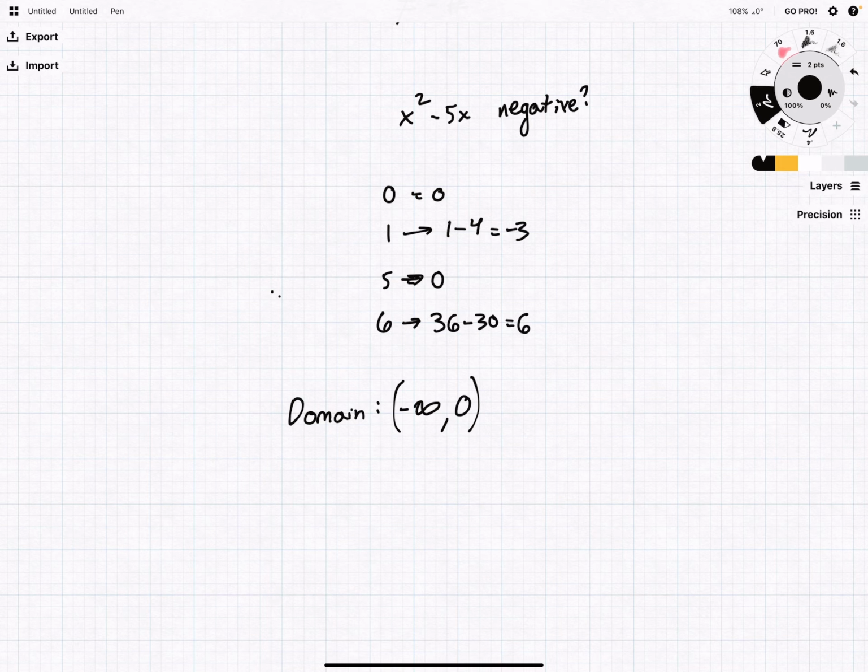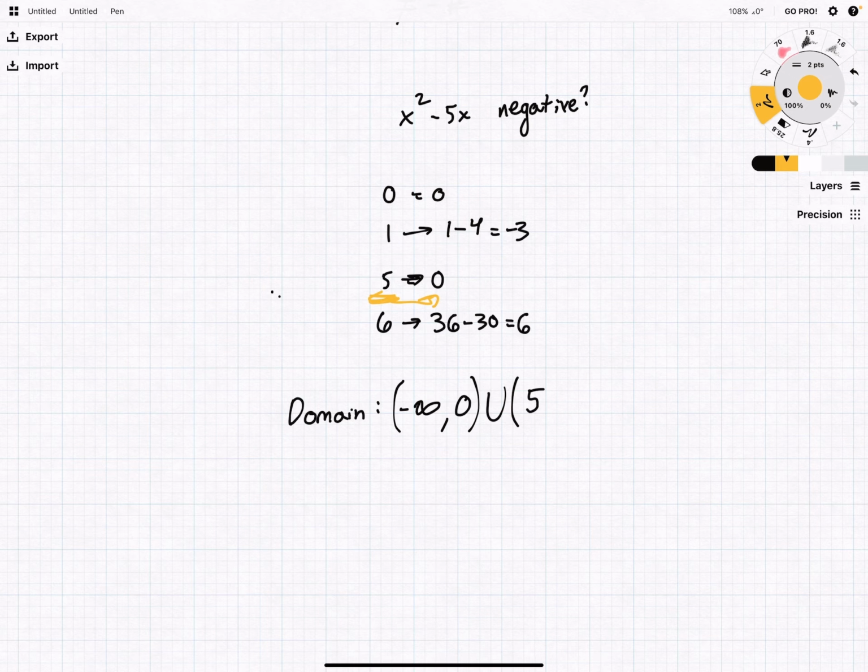And then union, meaning including another interval. We'll have open parenthesis 5, because if we input 5, it's going to give us a 0, and that 0 is in the denominator.